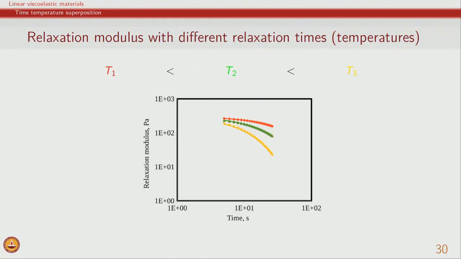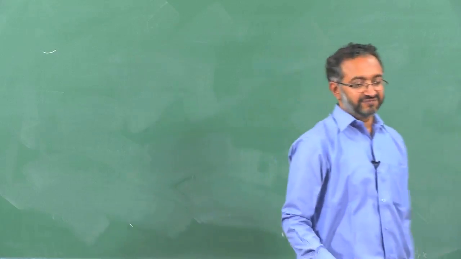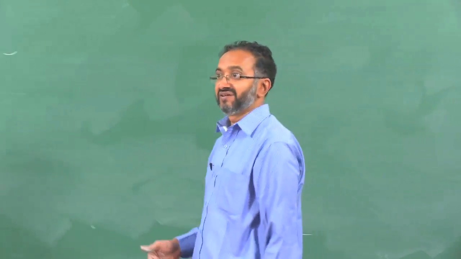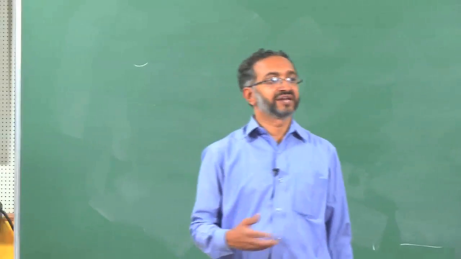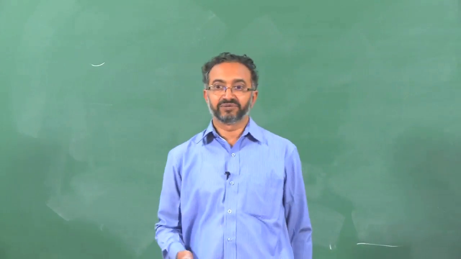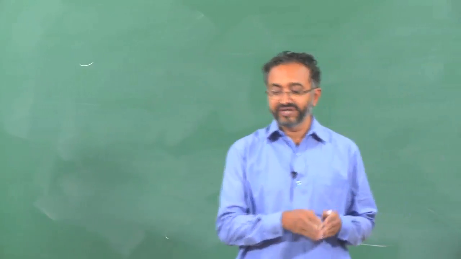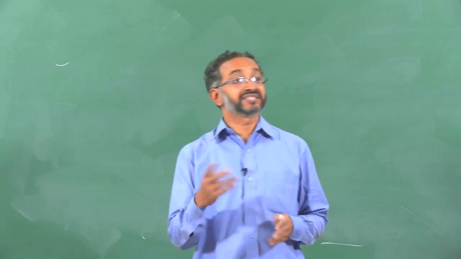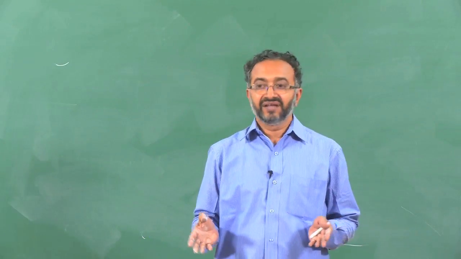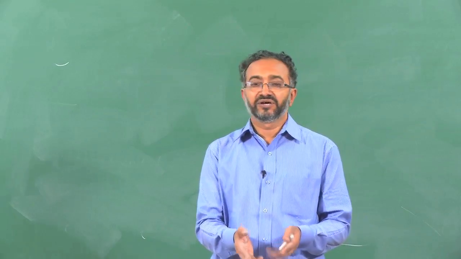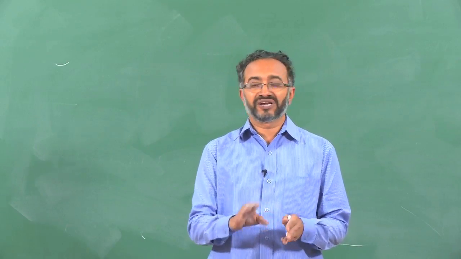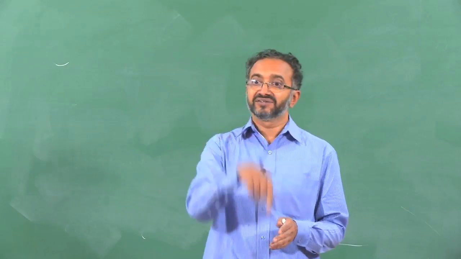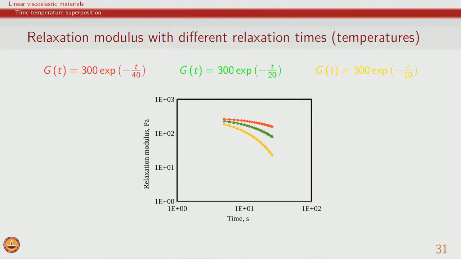Yes, so possibly what he is saying is that if we knew how relaxation time changes as a function of temperature, then we can actually do this exercise, because I know when I go from T2 to T3 the relaxation time changes like that, and I saw this response. Now I have to just go back and say no, look, the relaxation time is not that, but it is what is valid at T2.